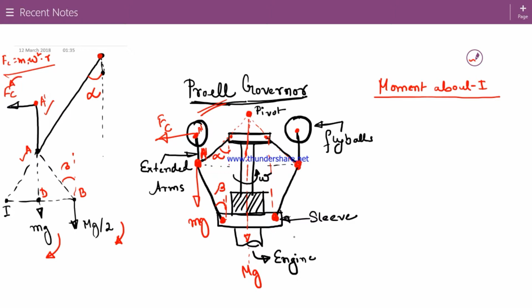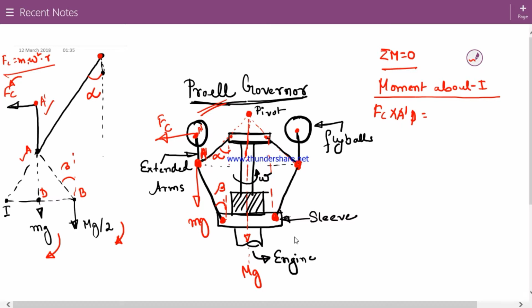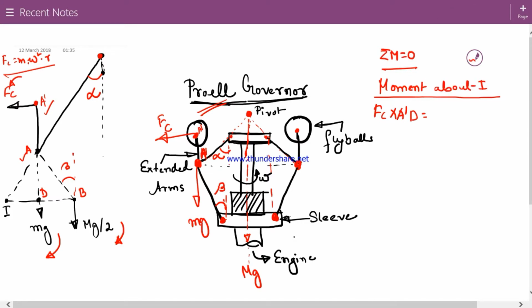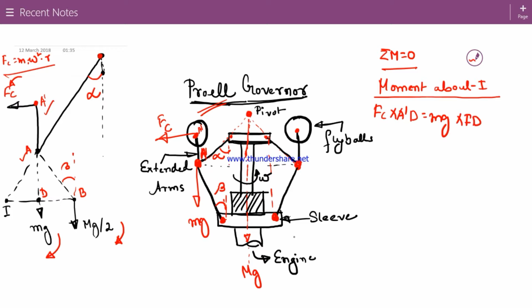So we can develop the equation, the summation of M equal to 0, the equilibrium equation of moments about the point I, the instantaneous center. It will be Fc into the distance A dash d, is equal to mg into id, as earlier we have done.